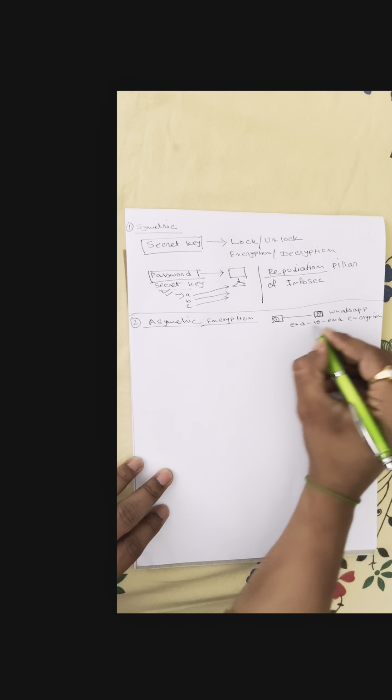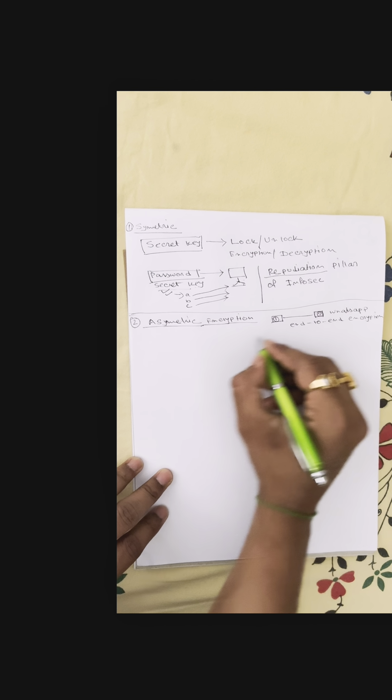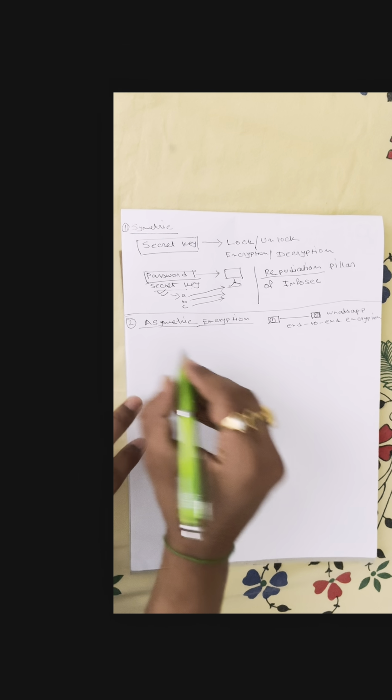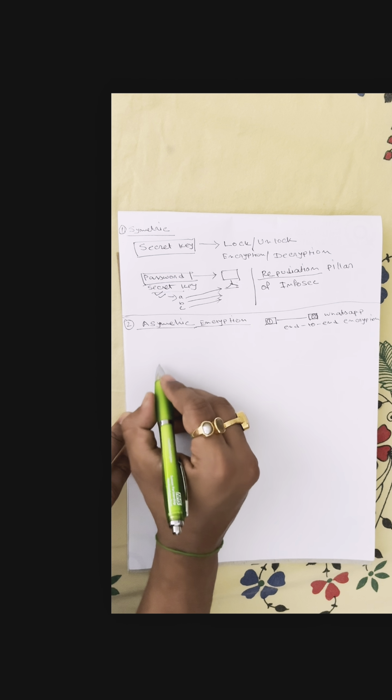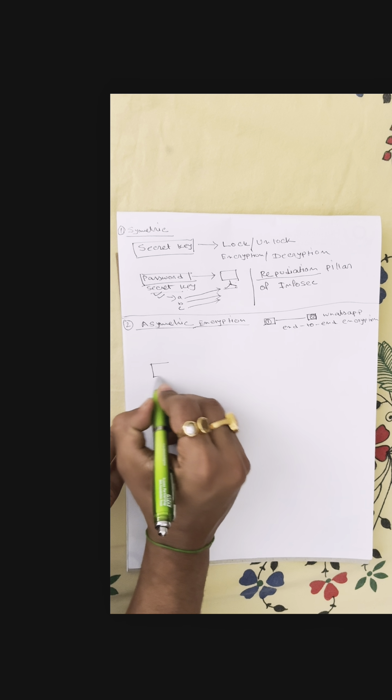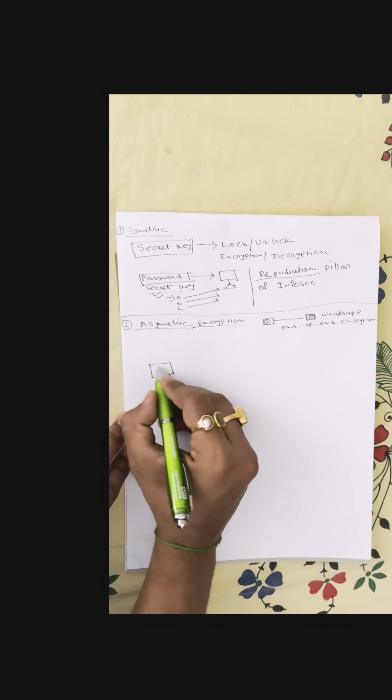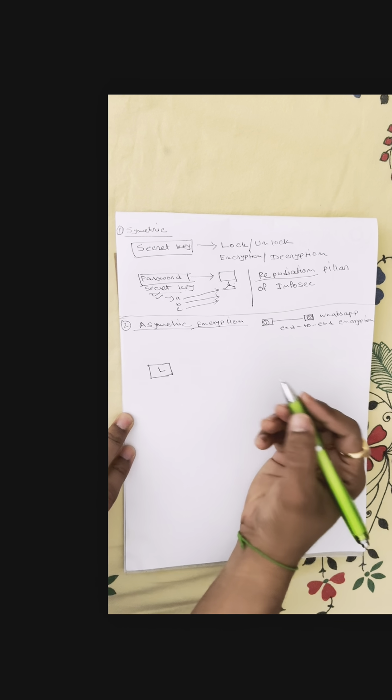So we are using asymmetric encryption for WhatsApp, and I will show you how it works. For example, we have two different users. The first user is Louis, the second user is Ankit. Louis wants to send a message to Ankit.